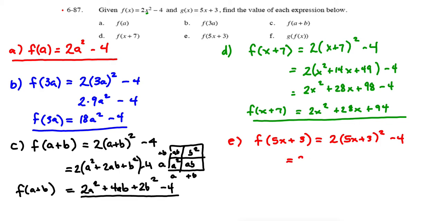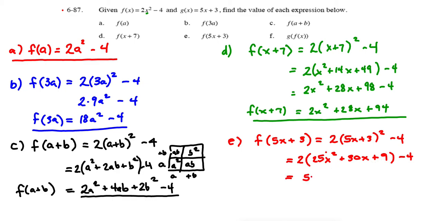So we should have 2. And when you do these, you should end up with, I'm going to do it in my head, but if you need to take time, go ahead and pause the video and do it. So we have 25x squared plus 30x plus 9, and then we're subtracting 4. Distribute our 2 through.